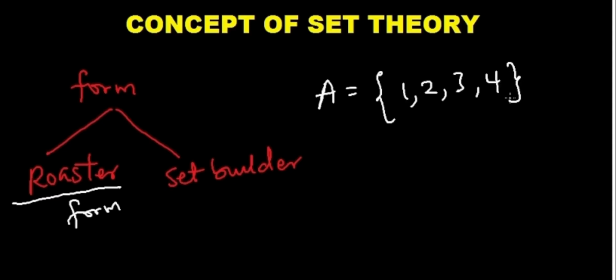Let's just stop at 4. I know that this set A is explicitly defined to have the elements 1, 2, 3, 4. Nothing is hidden, nothing is unclear, because we have all the elements spelled out. This type of representation is known as roster form, where all the elements are clearly spelled out.